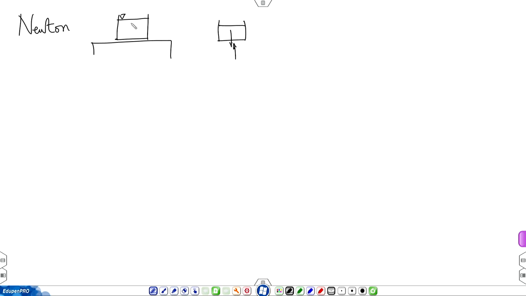So, if you work with a part of the liquid medium, then you have its weight appearing as an external force, and then you have pressure here, pressure here.